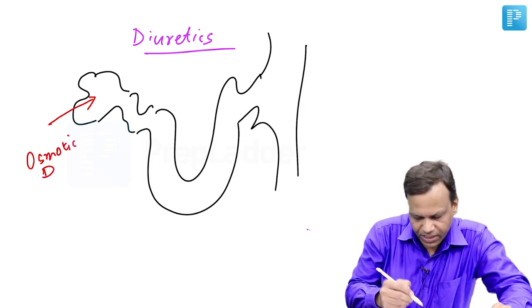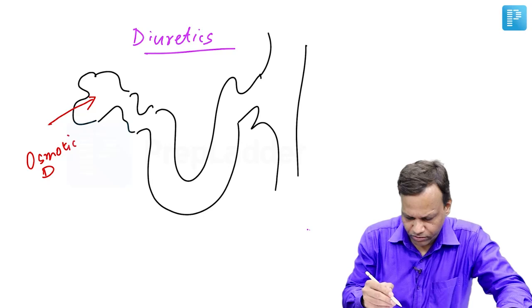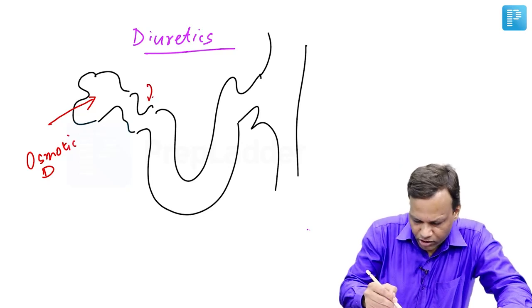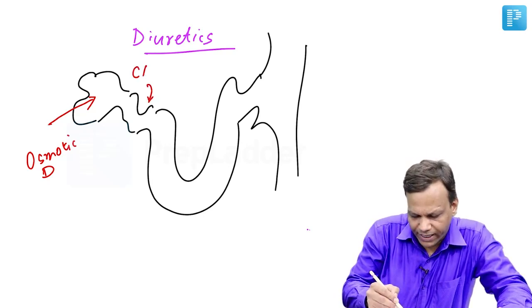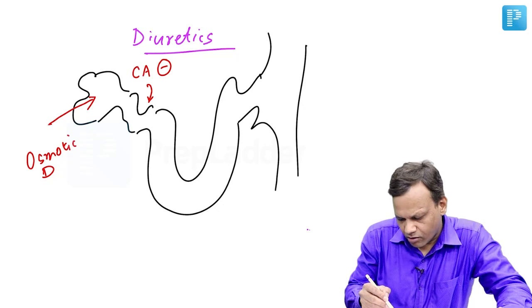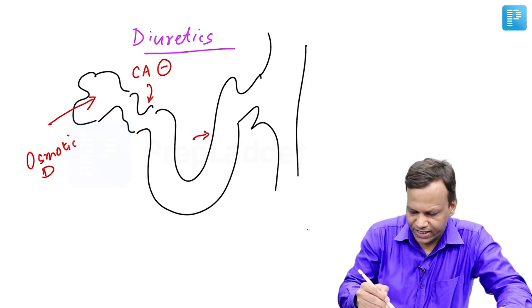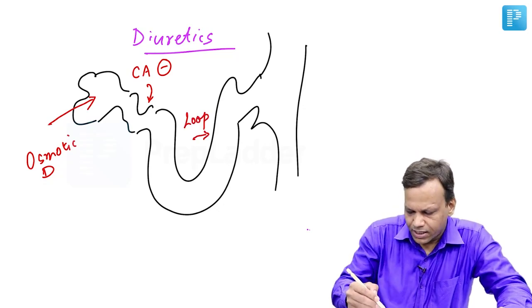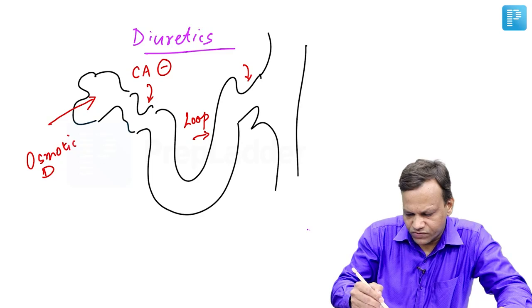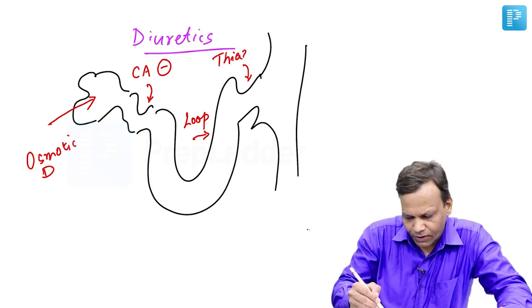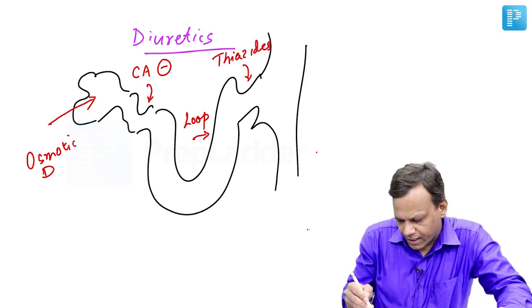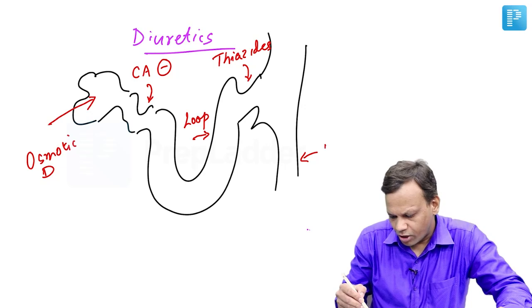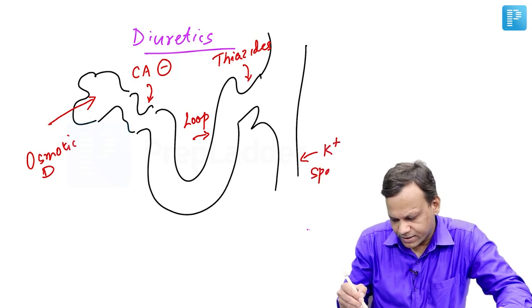We will discuss them. They can work at any place in the nephron. Then the diuretic may work on the proximal tubule, which are carbonic anhydrase inhibitors. They may work on the ascending limb of the loop of Henle. They are called loop diuretics. Diuretics can work on distal tubules, which are called thiazides. And lastly, diuretics working in the collecting duct are known as potassium sparing diuretics.